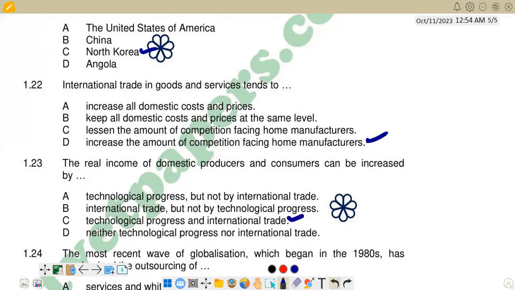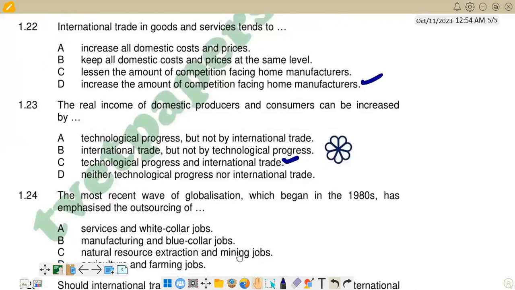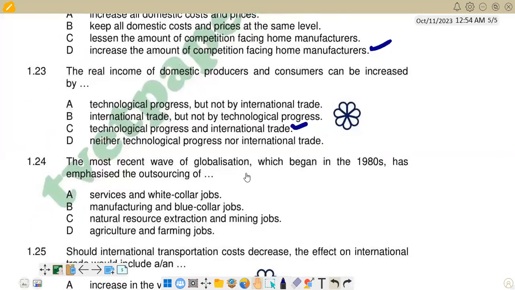Then you go to 1.2.4. It is saying the most recent wave of globalization, which began in the 1980s, has emphasized the outsourcing of. Outsourcing is the movement out of what. So this is what we want to look at. A, services and white collar jobs. White collar jobs are those jobs that are office working jobs, administrative jobs.